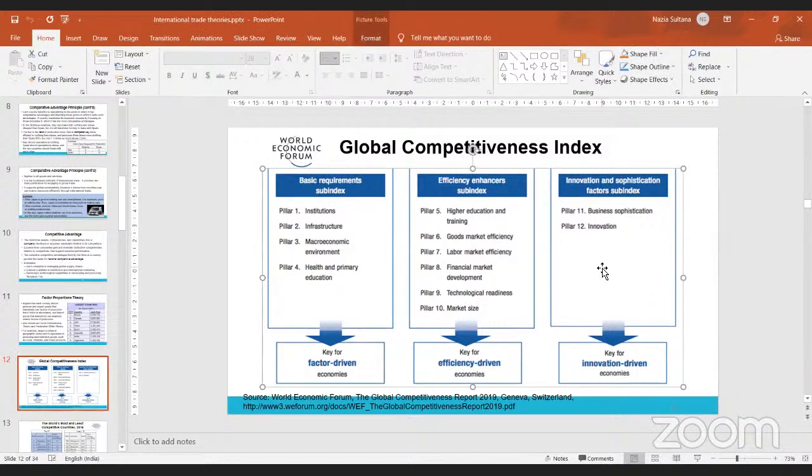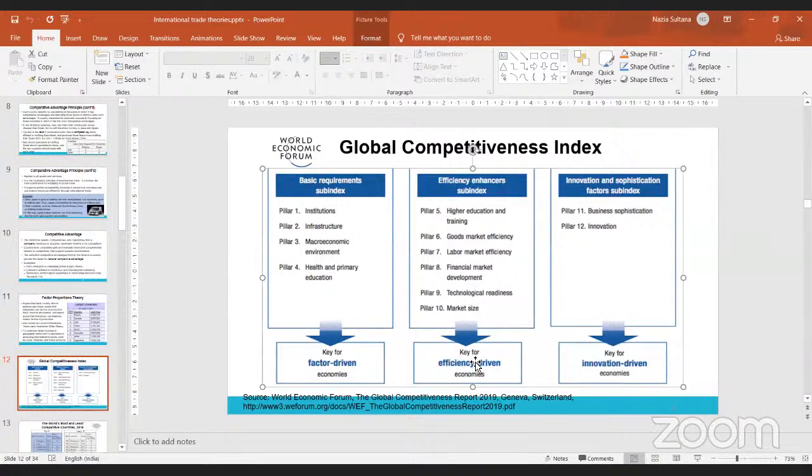If you see the sub indices under each of these indices, in a factor driven economy, your concentration is more on institutions, infrastructure, health, primary education, and the understanding of the macro environmental factors.